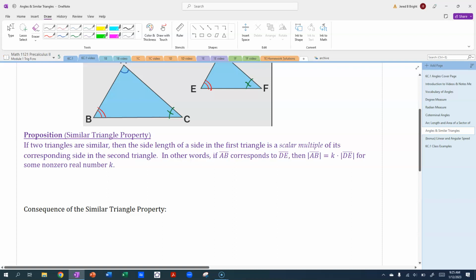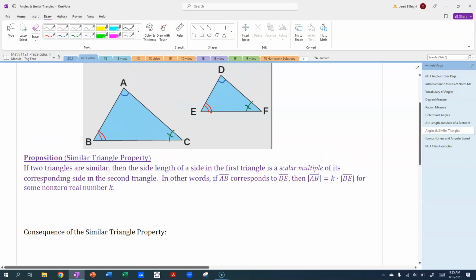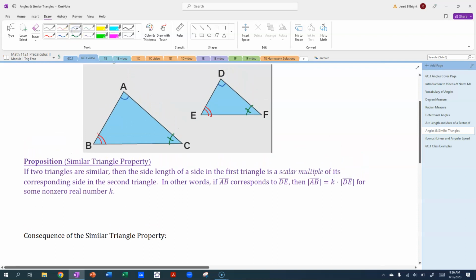If we have similar triangles, what we can say is that if we look at the side length of one of the sides in the first triangle, let's call this one x, and compare x to the corresponding side length over here, let's call that m as in Mary, the side lengths are scalar multiples of one another.